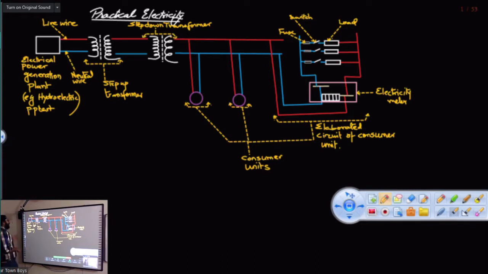That means that the charge flowing through a live wire is the charge which is actually possessing energy, electrical energy with it. Because we know that for the flow of charge, we require electrical energy. Remember this part? That for the flow of charge, electrical energy is required. So I'm saying the live wire is a wire which is actually carrying current. That means that it is carrying charge, and this charge is carrying energy.